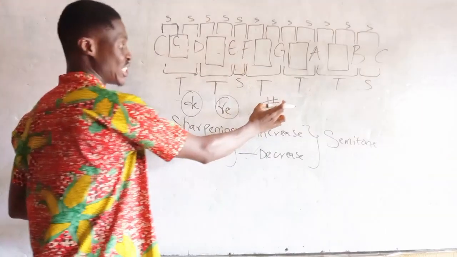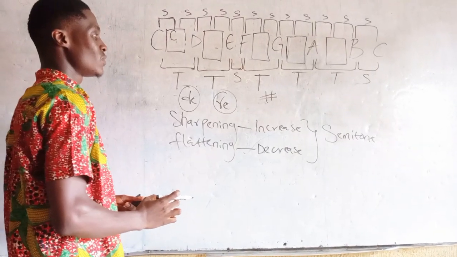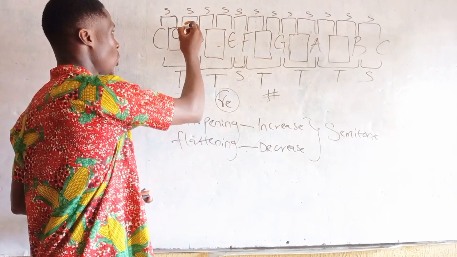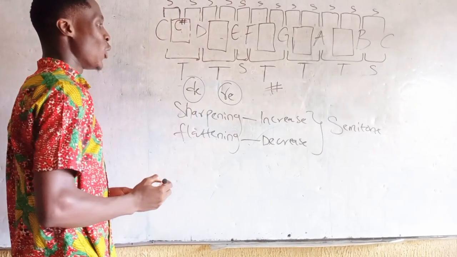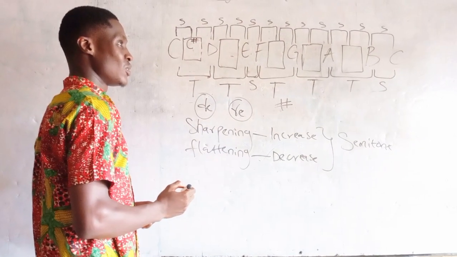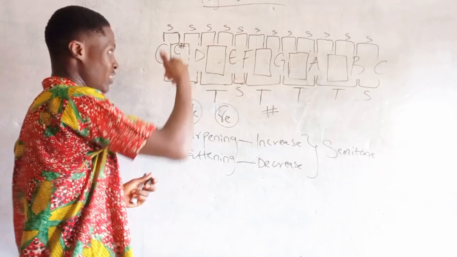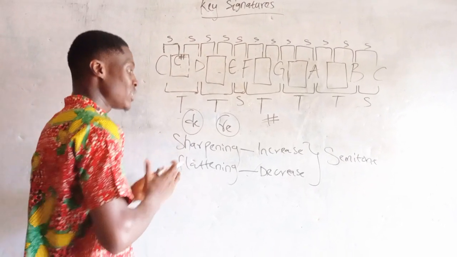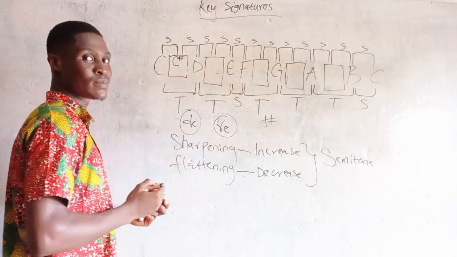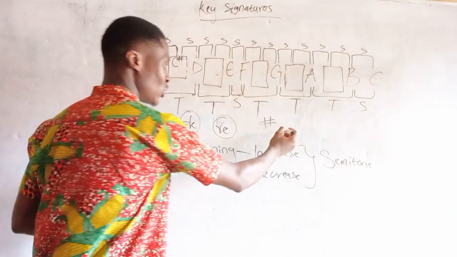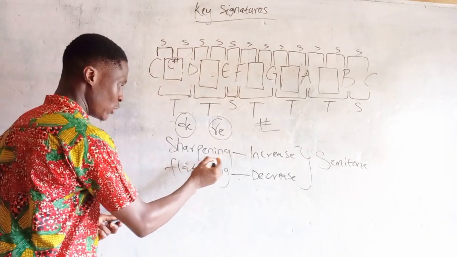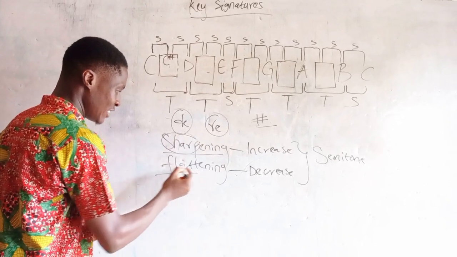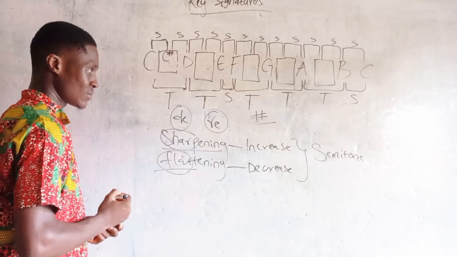This symbol is known as the sharp symbol. You add it at the top right corner of that key to get the name of the key you just derived. So if you sharpen key C, you have C sharp. It's called a sharp. So when you sharpen, you add a sharp. When you flatten, you add a flat.